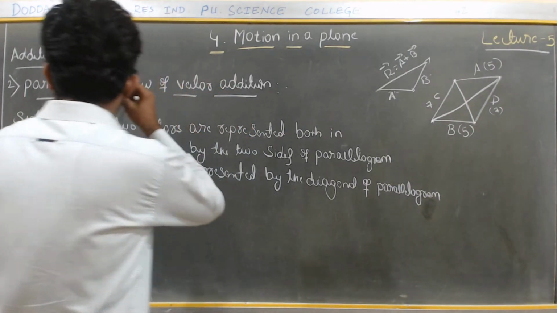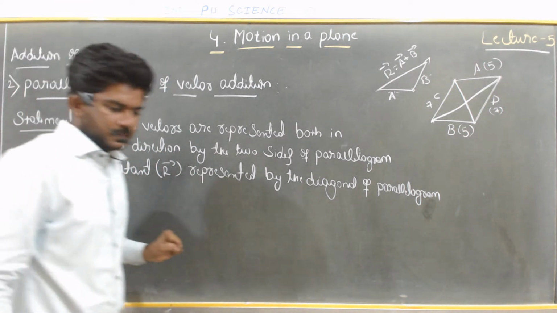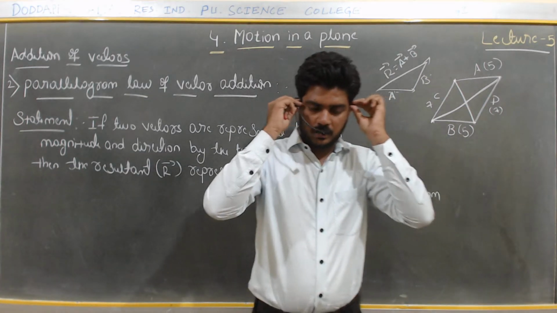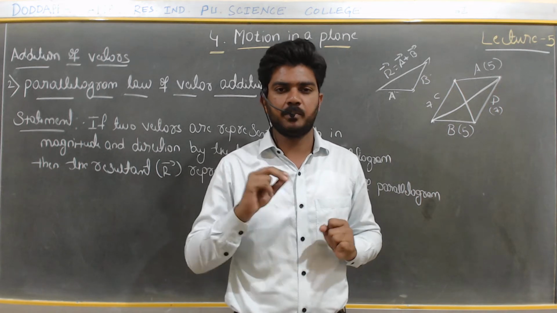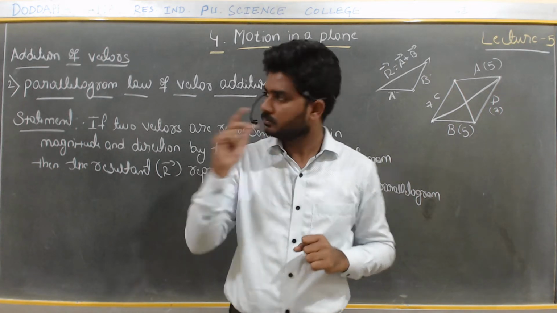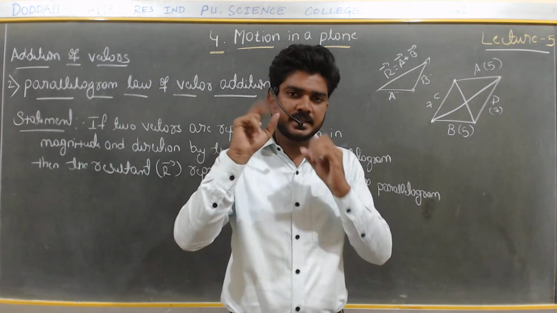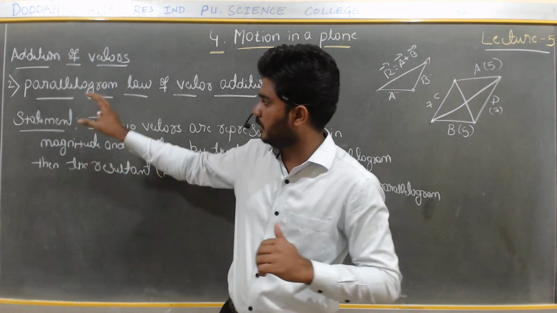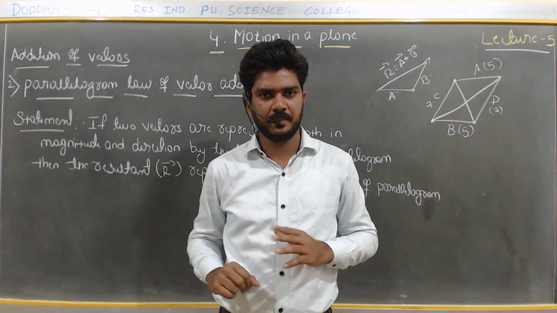See here, coming to the second law, which is the parallelogram law of vector addition. This law applies when two vectors are acting on the same point, right? At that time we will use the parallelogram law of vector addition.